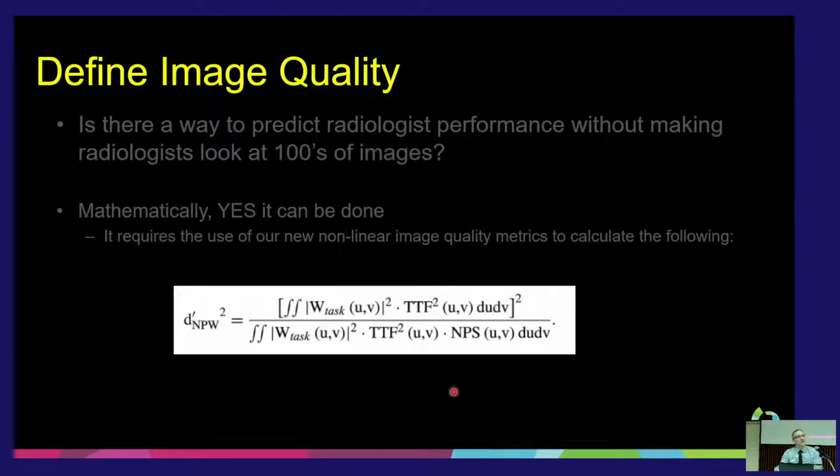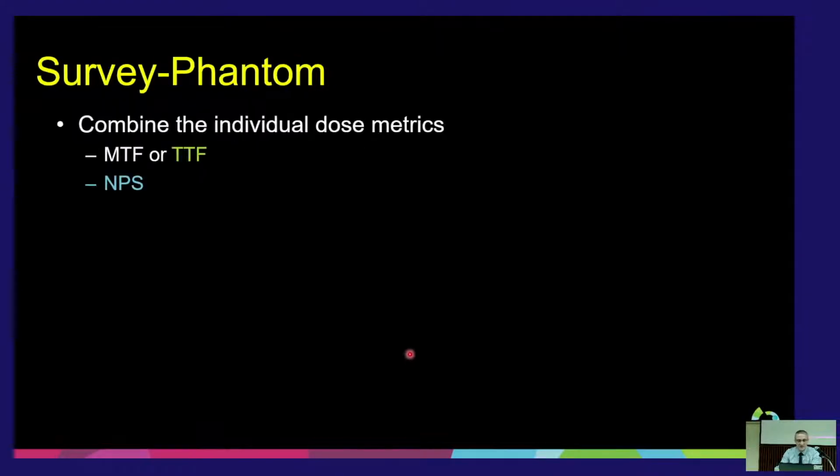Some of the metrics that we've introduced today and we've been using for a decade or more to characterize image quality, they're part of this equation. So what is this? Let's talk a little bit about it. What this does is it's combining the TTF and the noise power spectrum, and it's going to compare the image quality metrics and test the system as we look at a task.